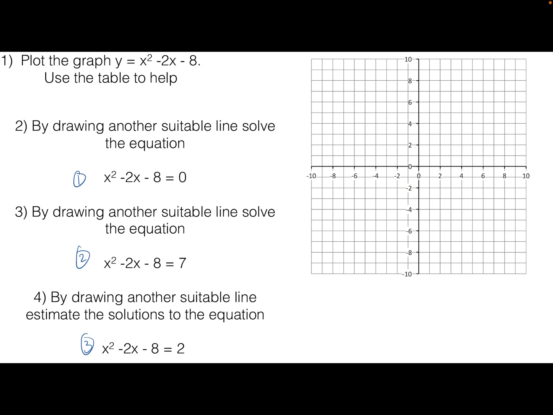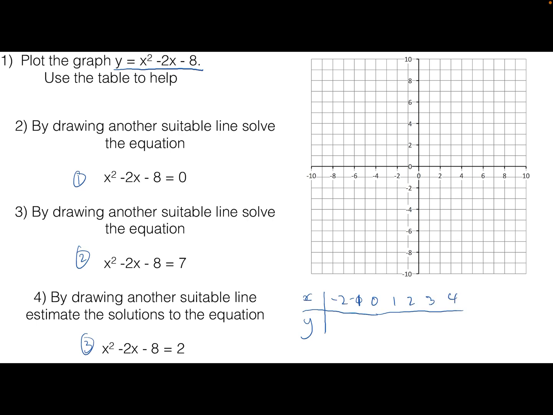So what I'm going to do is I'm going to plot this graph here, and I'm going to use a table. So I'm going to make a table, x and y. What I'll do is I will go from minus 2, minus 1, 0, 1, 2, 3, 4.